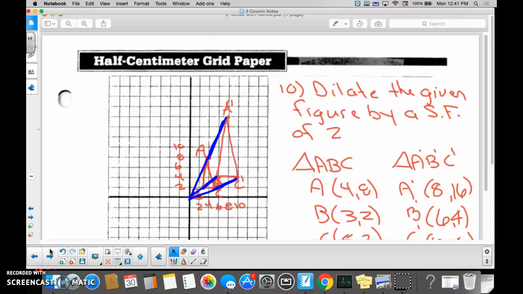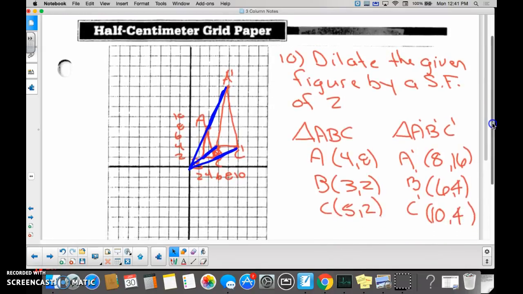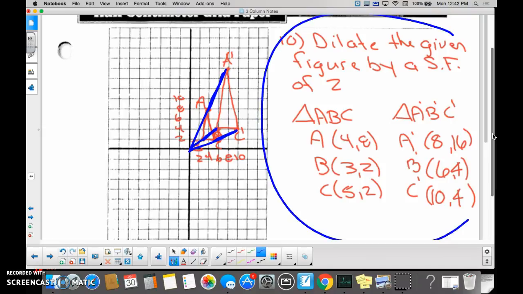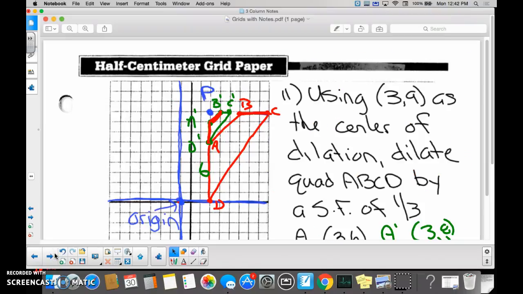Okay? So again, if the center of dilation is the origin, you simply multiply by the scale factor. In this situation, we did not give you a center of dilation, so what do you automatically assume? It's the origin.